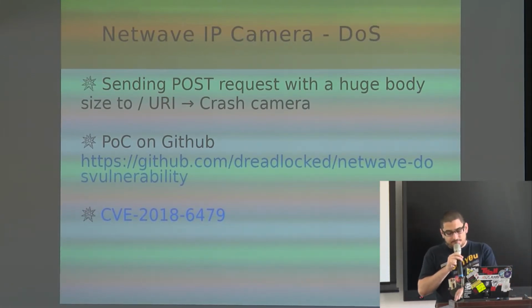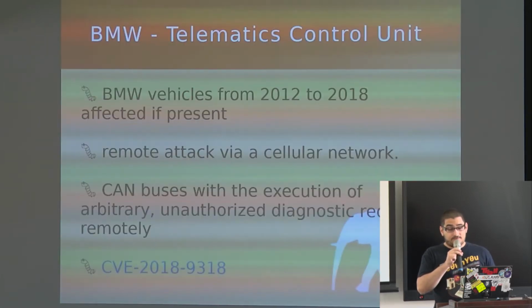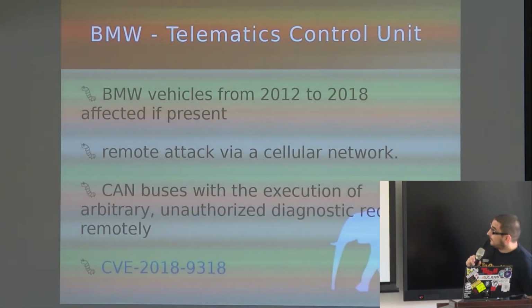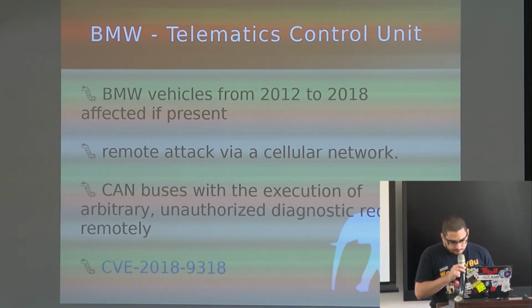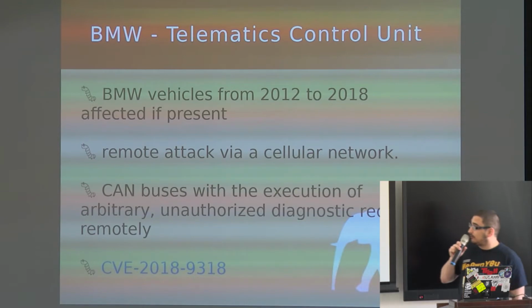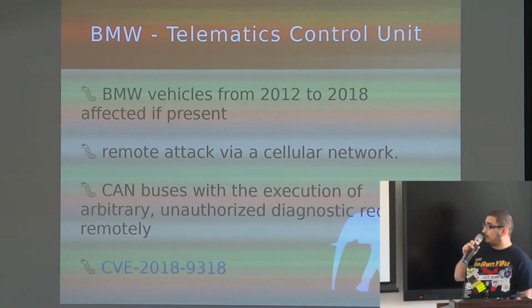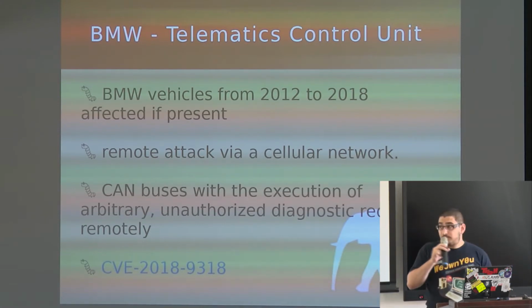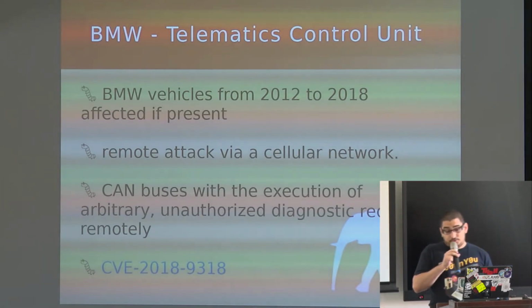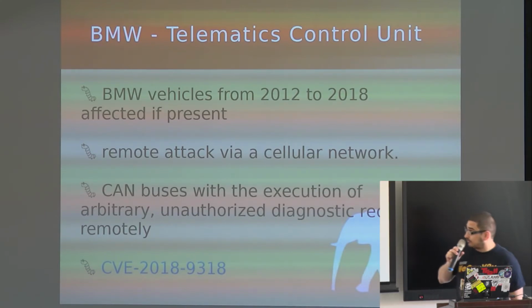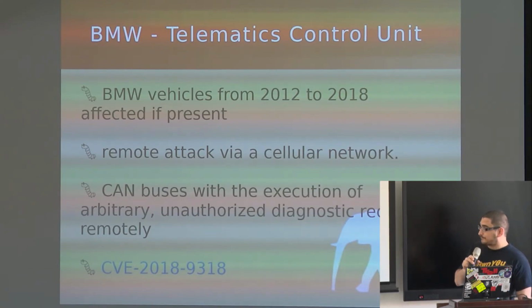Then if you have a BMW, they have a telematics control unit in the car, and there are BMW vehicles from 2012 to 2018 that, if they have the telematics control unit present, are affected by the bug, and you could attack the cars remotely via the cellular network.